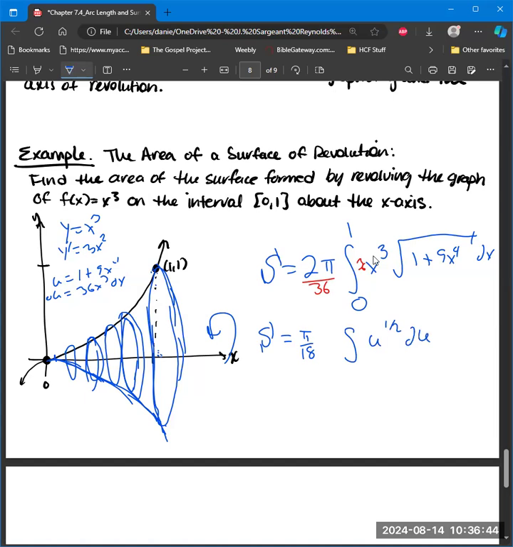Now I'm going to change my limits of integration to u. So 1 plus 0 is 1, and 1 plus 9 is going to be 10. So S is pi over 18 times u to the 3/2 times 2/3 from 1 to 10.